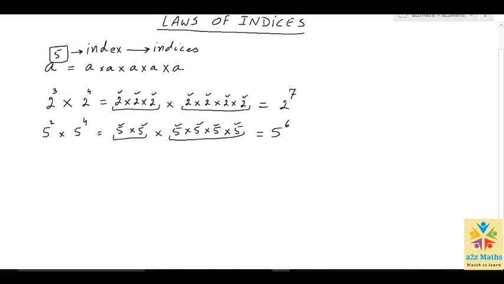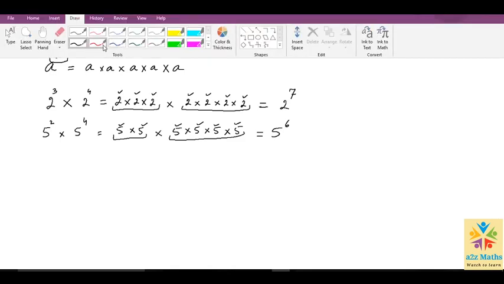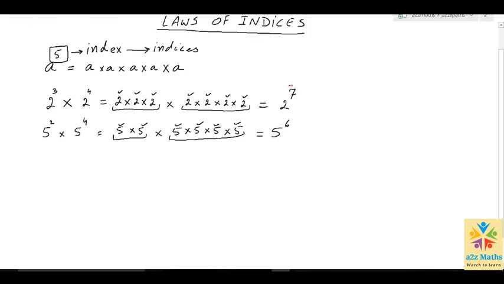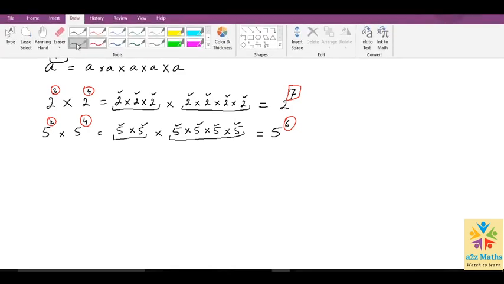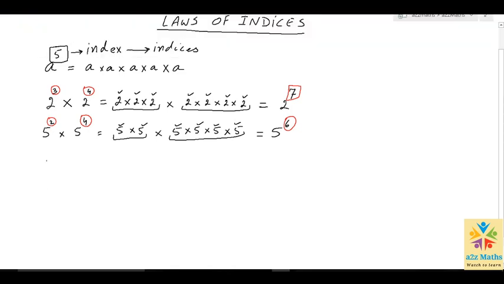Now compare this power 7 with the powers we had in the beginning, and try to find some relation between them. Same, compare this 6 with the square and power 4. How can we get them? Think about it, and pause the video from here and apply.